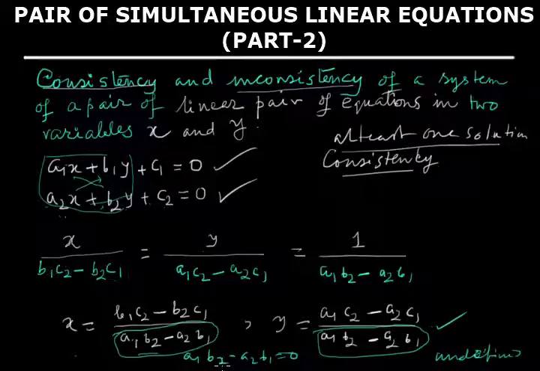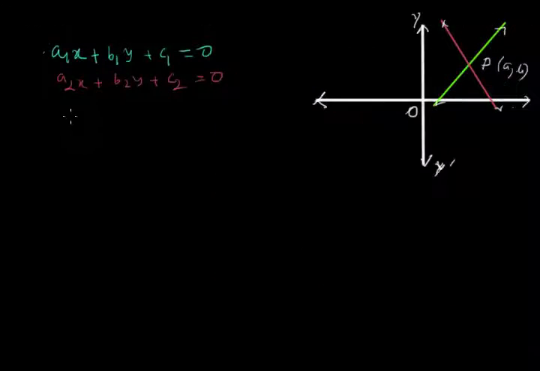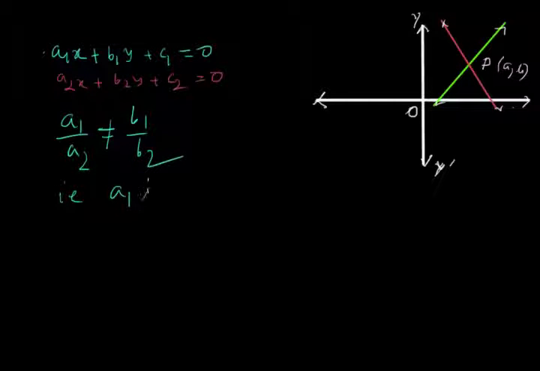That's why the first condition to get a unique solution is a1 by a2 not equal to b1 by b2. That is, a1 into b2 minus a2 into b1 must be non-zero. And in that case, we'll get two lines and they will meet at one point.